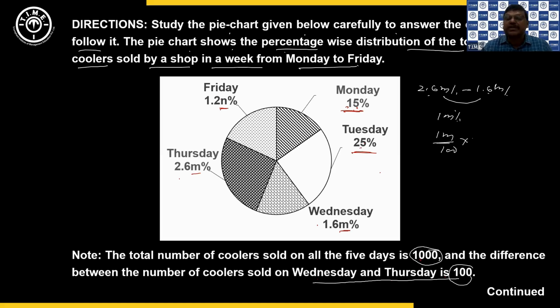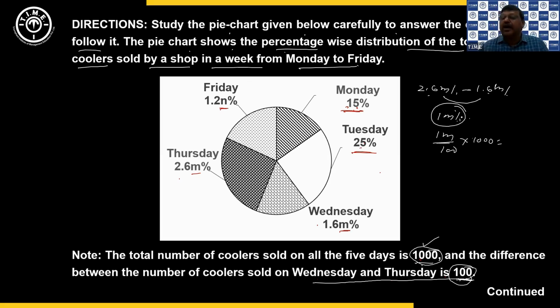The total is 1000. This much is also not required, students. I can say directly 100 is what percent of 1000? Is it not 10%? So the difference is 10%, but the difference is 1 M. So 1 M% is 10%, which means M is 10.